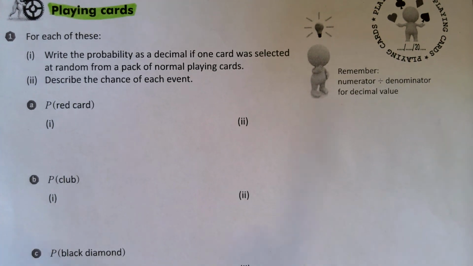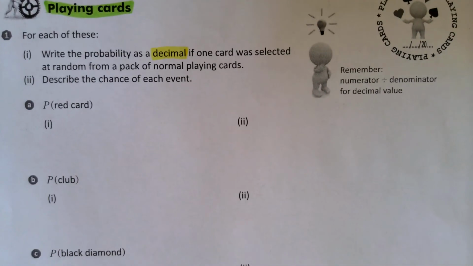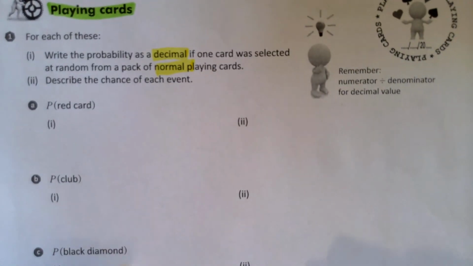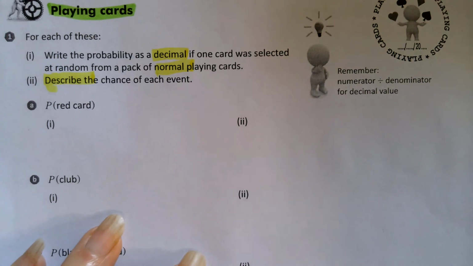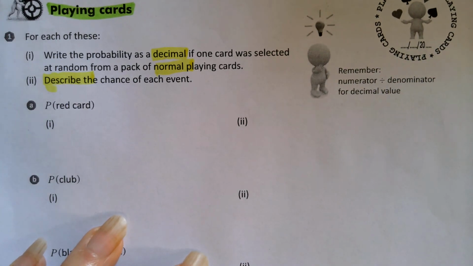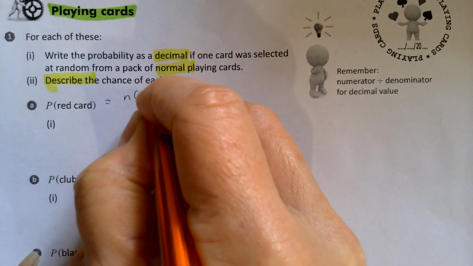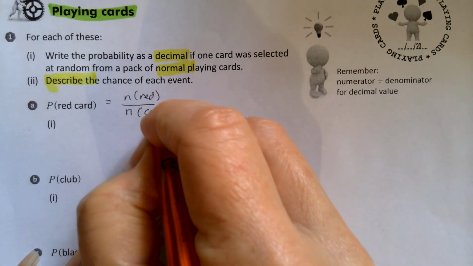So remember, we're going to write the probability as a decimal, so make sure you understand what you're being asked to do. And remember, normal, so we're not worrying about jokers, and we've got to describe it. So all of these things need to be done in your answer. So a red card. So we remember with probability, the number of red cards over the number of cards that are in the deck.